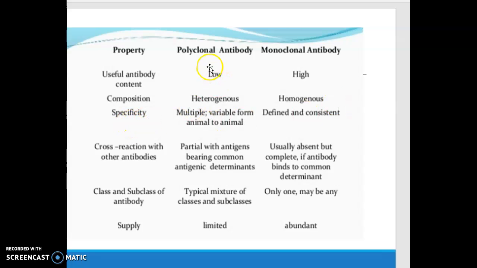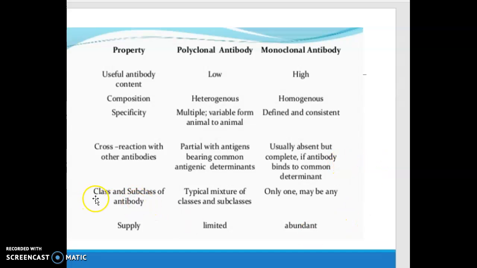Polyclonal antibody shows multiple specificity, whereas monoclonal antibody shows defined, consistent specificity. Regarding cross reaction, polyclonal antibody shows partial weak reaction with antigens carrying a common antigenic determinant, whereas monoclonal antibody does not show cross reaction; the absence of cross reaction is observed.